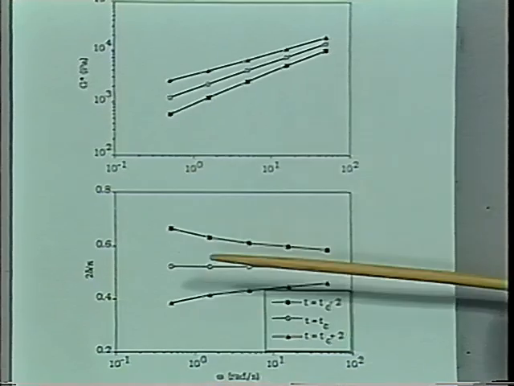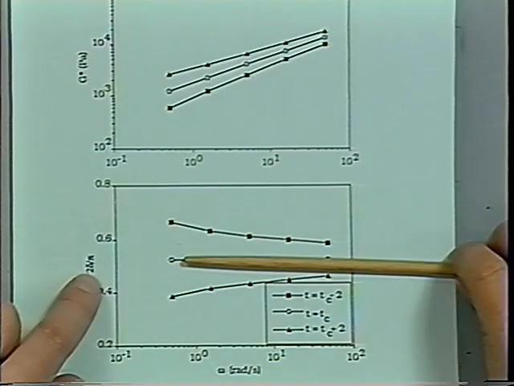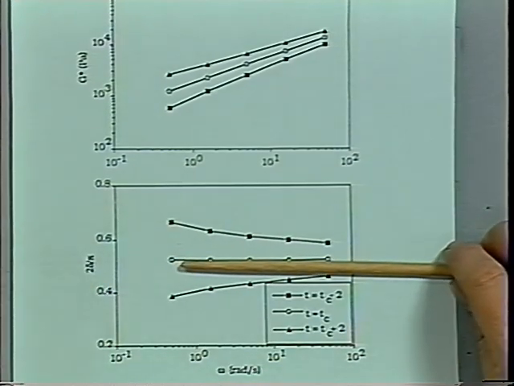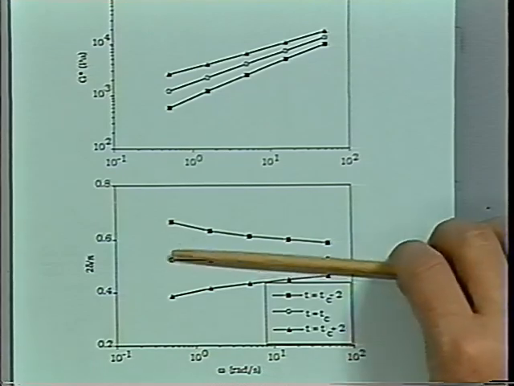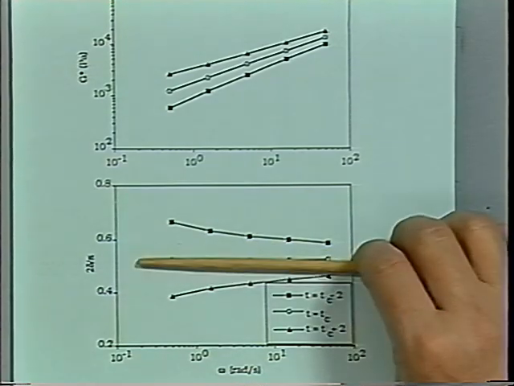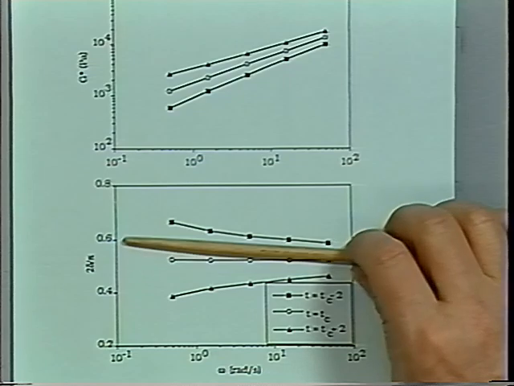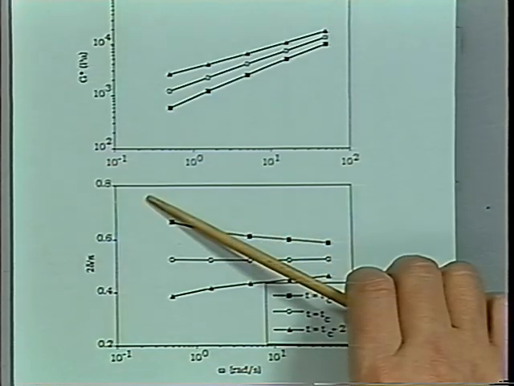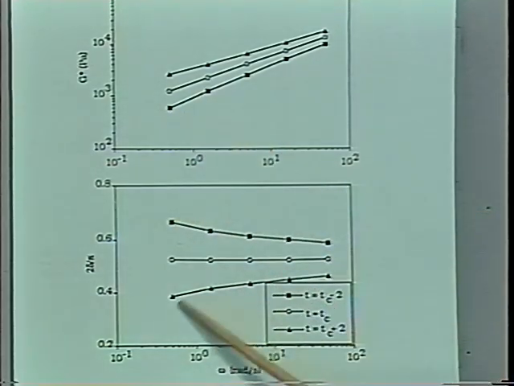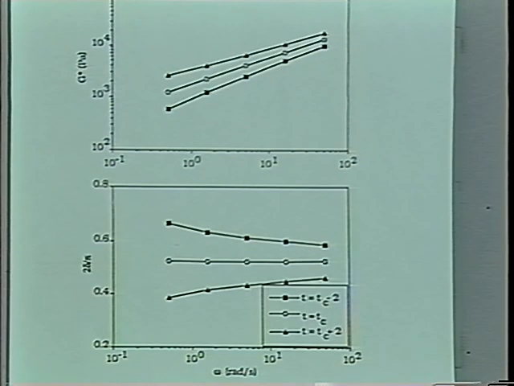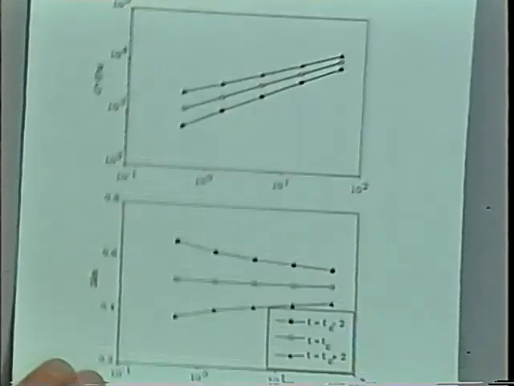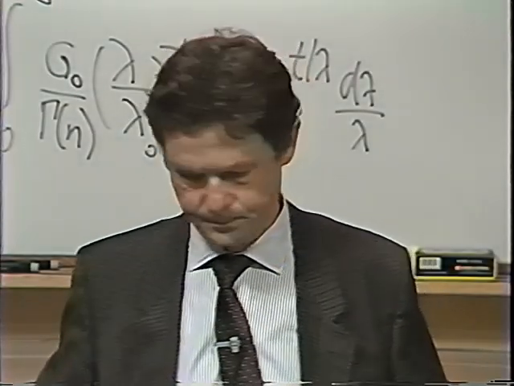But if you look at tan delta, or we just plotted delta here times 2 over pi, which is a plot looking equivalent, that's flat at the gel point, and it is curving up in the sol, and it's curving down in the gel. So tan delta is very sensitive. It's the most sensitive experimental value anyway, so it's very sensitive to tell us where the gel point is.